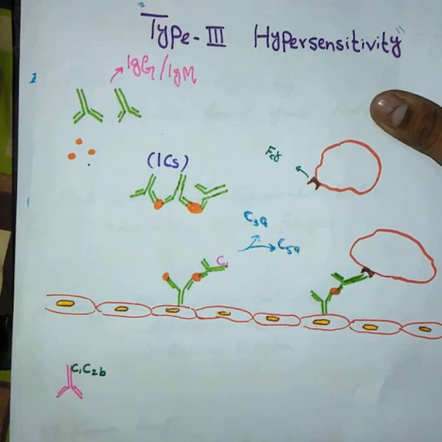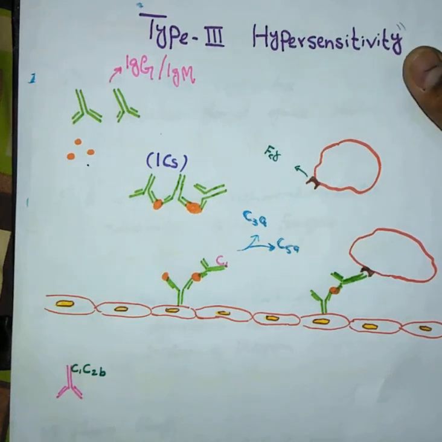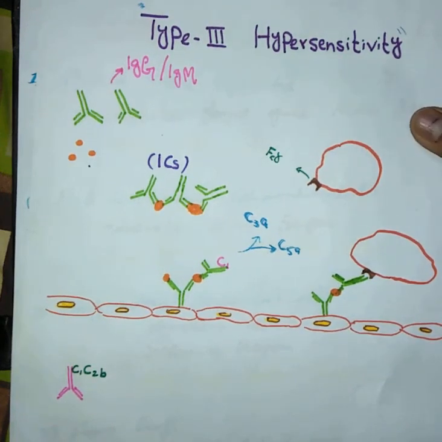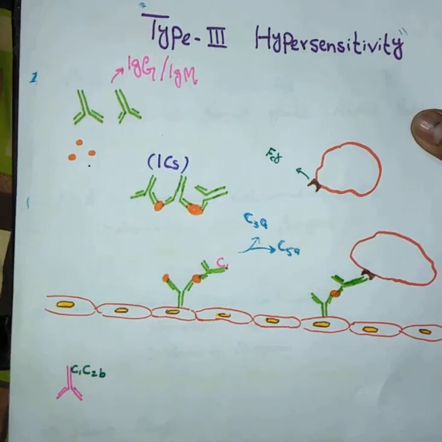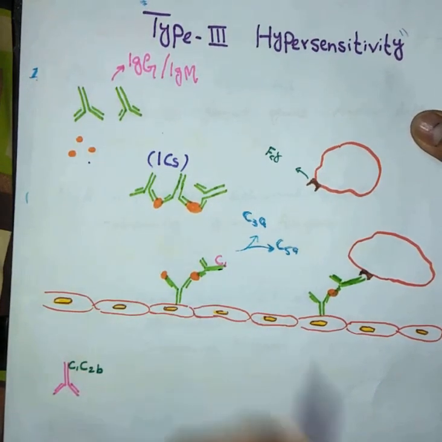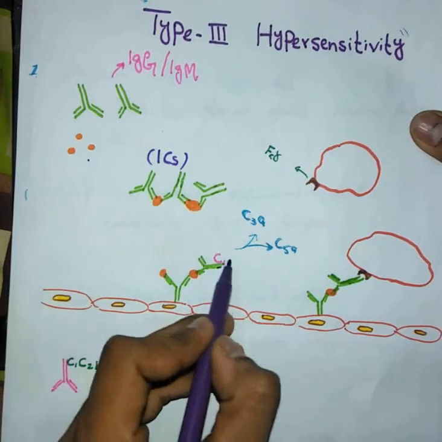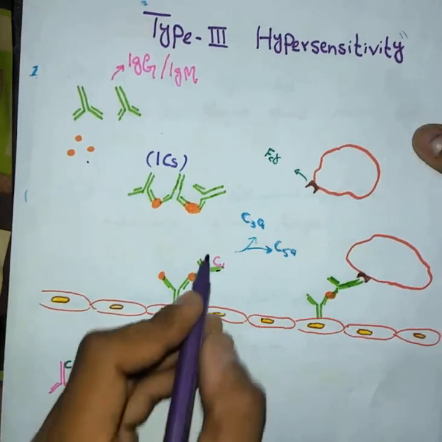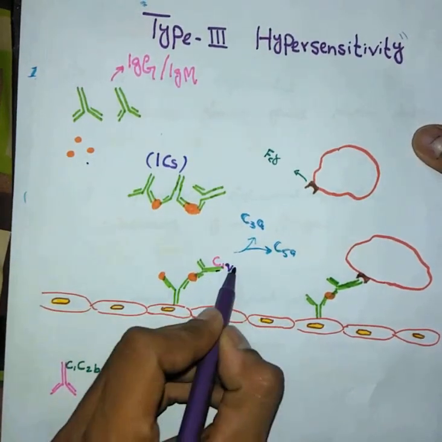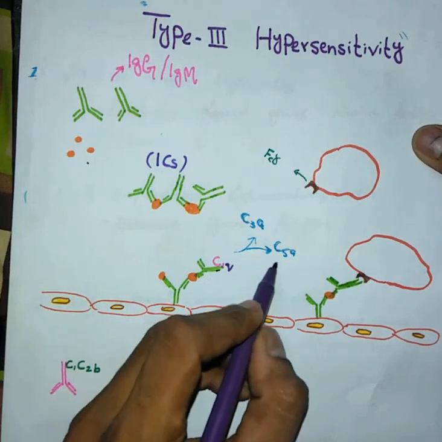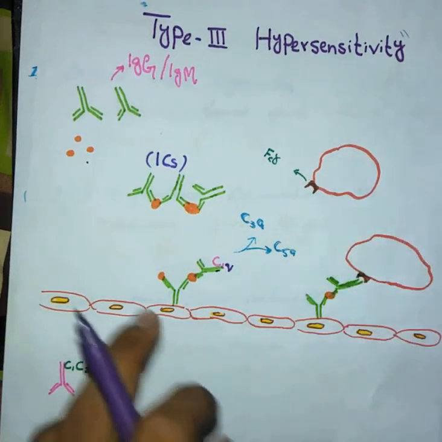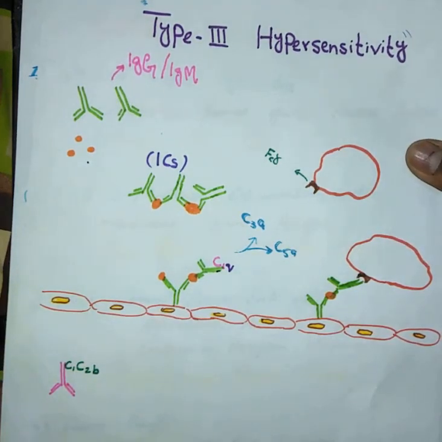We know from the complement system activation that the Fc portion of the antibody can activate the complement system. First C1q will be activated, then C4b, then C2b, then C3b, then C5b, and similarly a chain of complement protein activation will start.